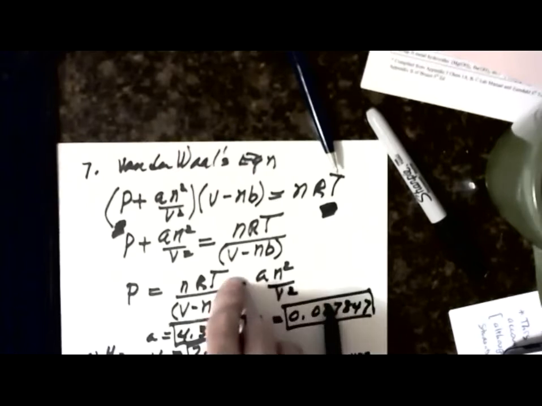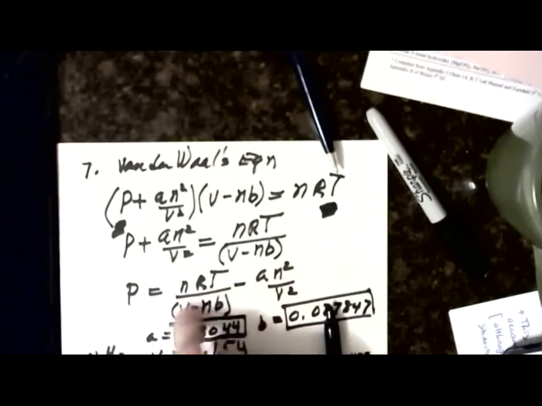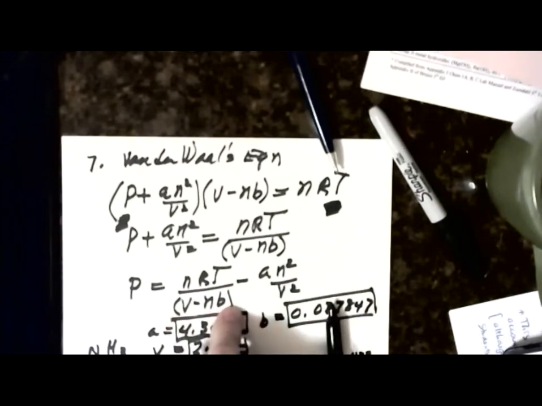Now I've got that numerator done. I want to divide by what's in the denominator, and I'm going to do it just the way it shows on my screen. So I want to do a divide by a left parenthesis, and now I want to put V. The volume is 2.15 minus the answer, second answer, times B.